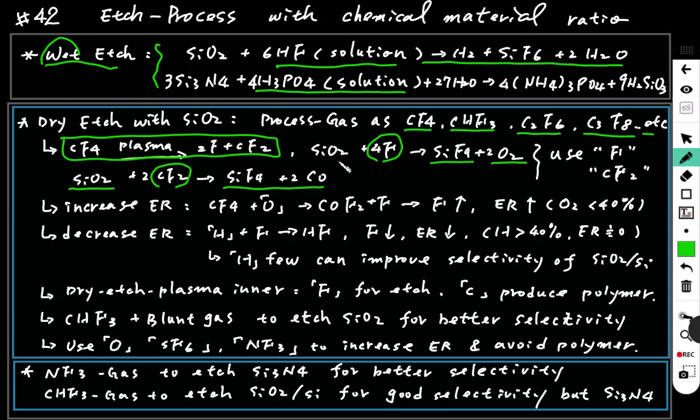So the silicon oxide is etched by the CF2 gas or F gas. Here we use the F and the CF2 gas. This is the basic dry etch process gas to etch silicon oxide.